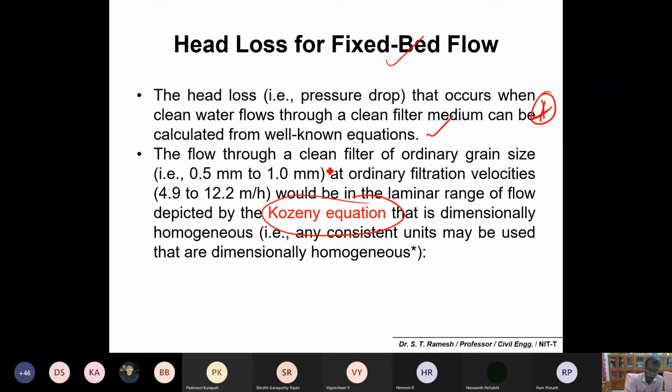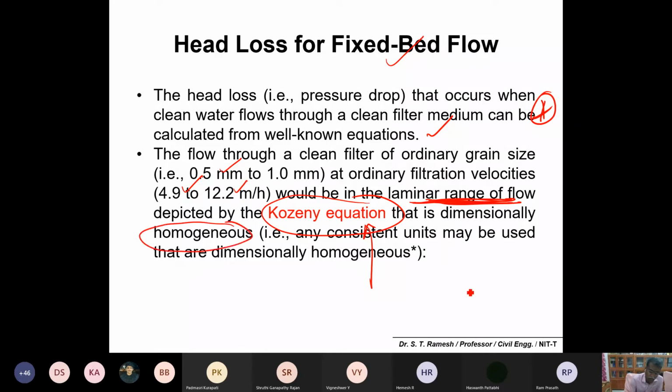The flow through a clean filter of ordinary grain size, which ranges from 0.5 mm to 1 mm, at ordinary filtration velocity, that is 4.9 to 12.2 meters per hour, would be in laminar flow conditions. That is depicted by the Kozeny equation, for a dimensionally homogeneous material.